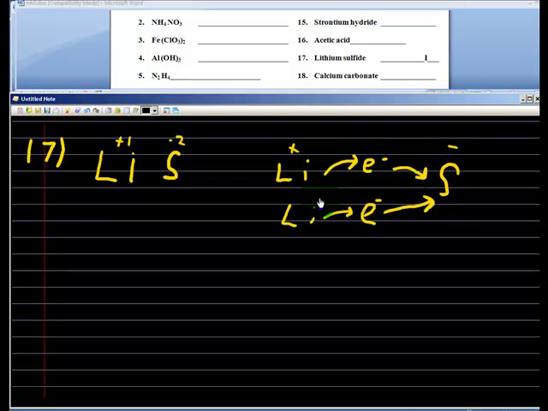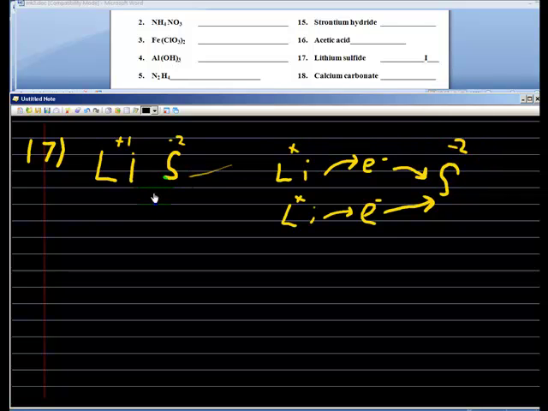It also becomes plus, and now sulfur becomes a -2. So notice there are 2 lithium atoms, each giving up an electron. There's 1 sulfur taking in those 2 electrons, giving it -2.